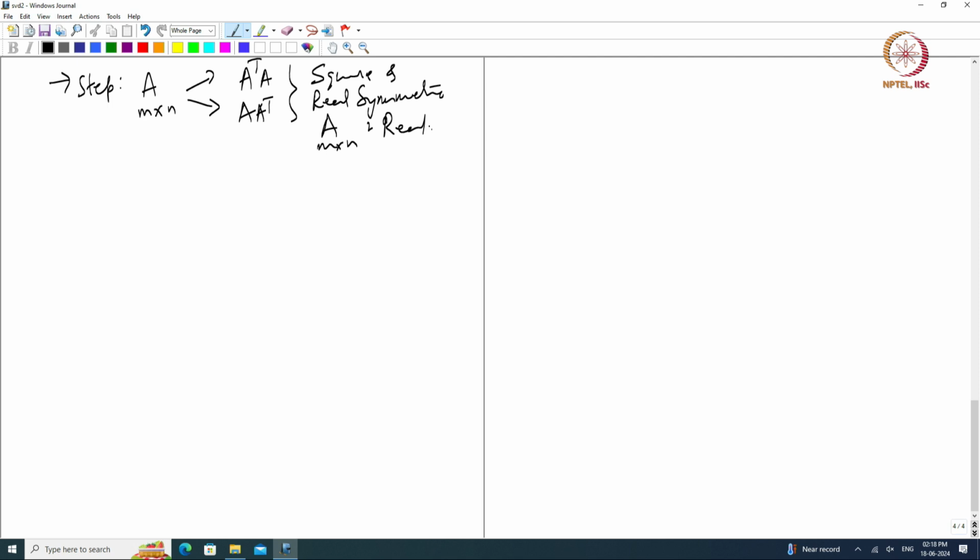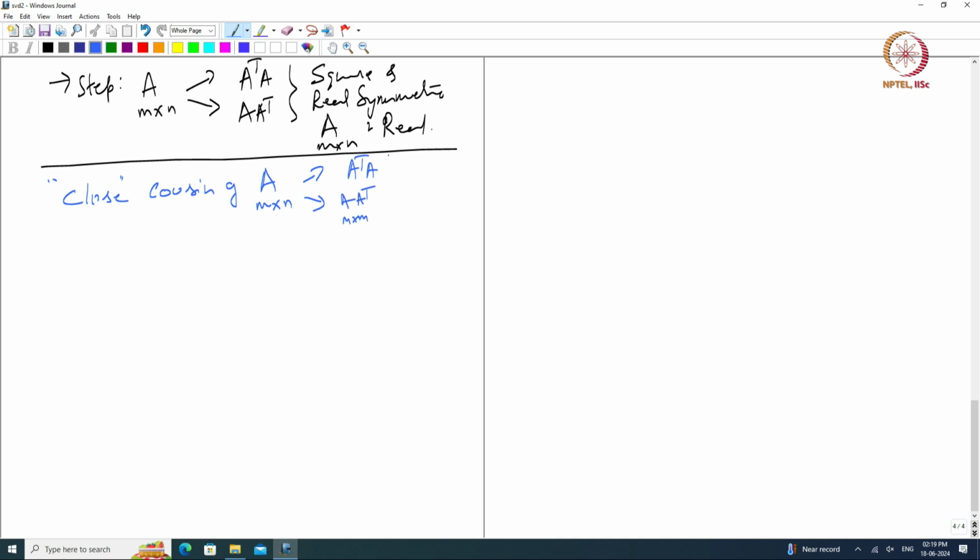So somehow we have found two close cousins of A which is m cross n, A transpose A and A A transpose, and as you can guess A A transpose will be m cross m, this will be n cross n, different size. So, this is the first part.